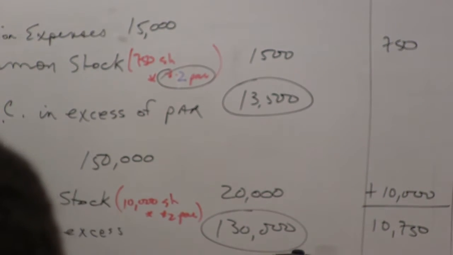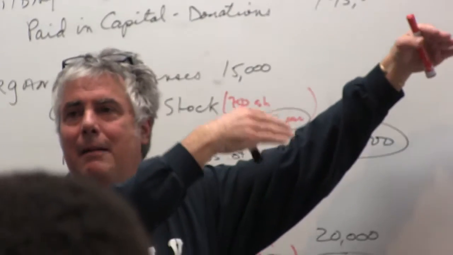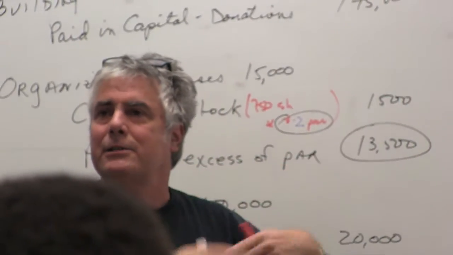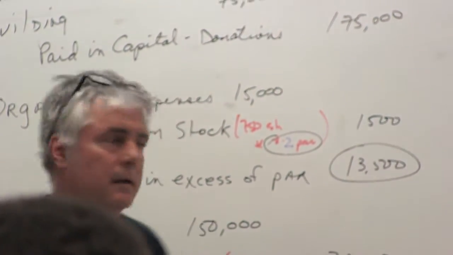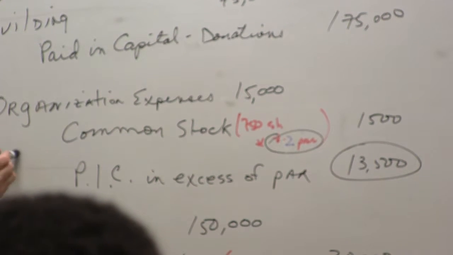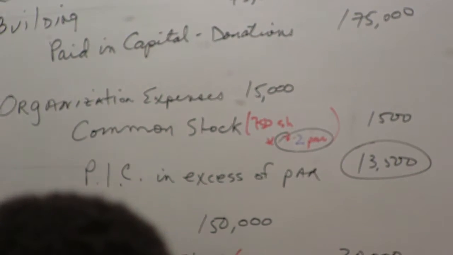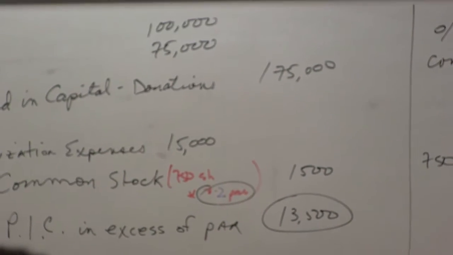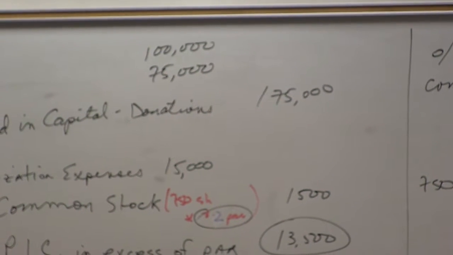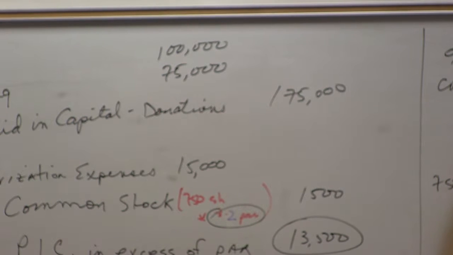I've looked at students' papers before, they got everything in this column jammed up at the top and they can't see what transaction made it happen. Okay? So you notice how I put the 750 across from this transaction, plus 10,000 across from this transaction, and then I just total it up. Okay? All right. Derek, what happens next?